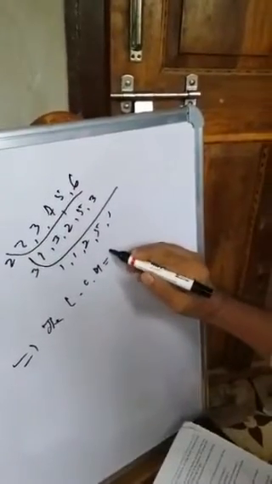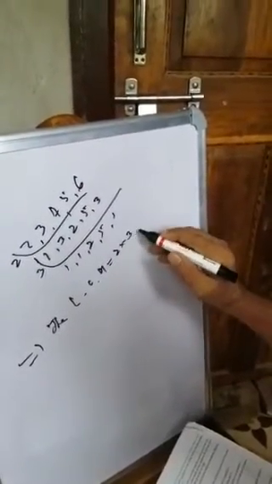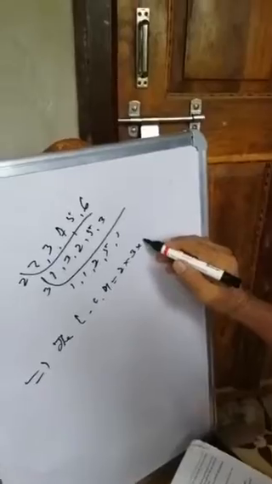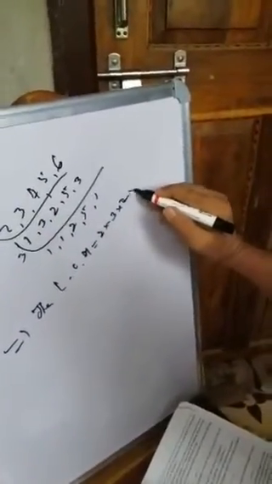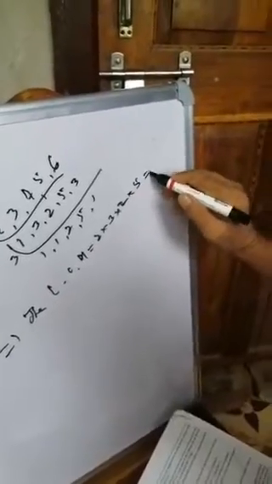LCM is equal to 2 into 3 into 2 into 5 is equal to 60. This is the LCM of the numbers of mangoes that leave surplus, because when you put them in sevens, there is no surplus.